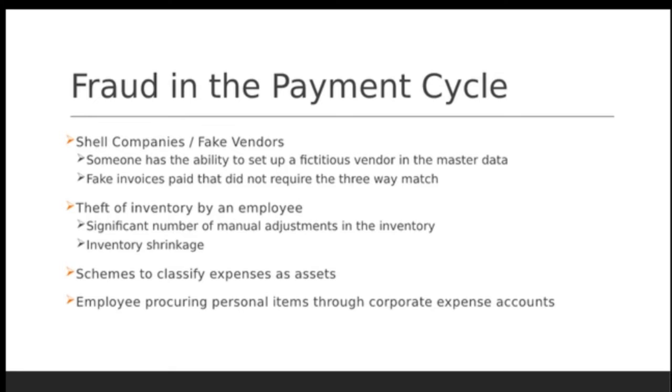There's also the financial schemes of reclassifying expenses as assets to make the books look good. And then also, an employee could procure personal items through the corporate expense accounts. Unless you track those expense accounts, you might not find out that an employee has bought personal travel or personal items through the corporate account.